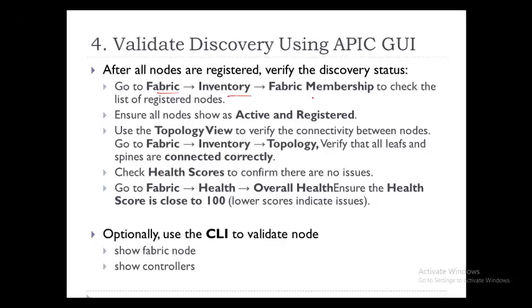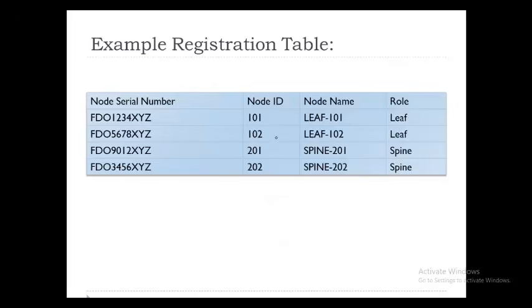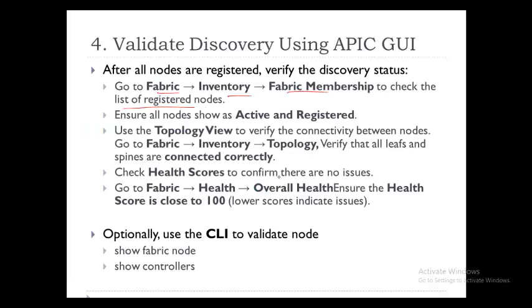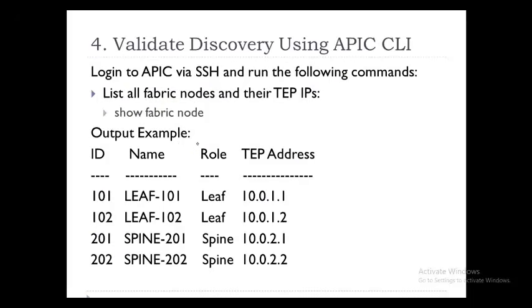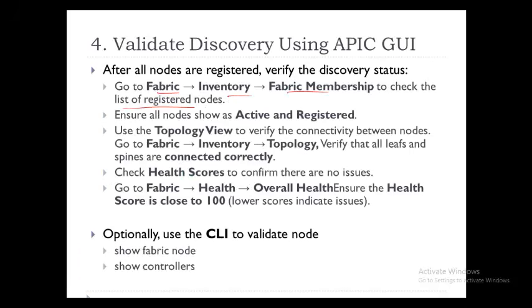And then you come out of it, go to topology view to verify the connectivity between the nodes. So you will see something similar to this picture which we did, like this leaf and spine fabric.